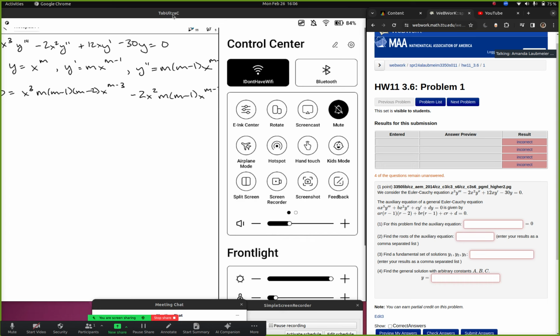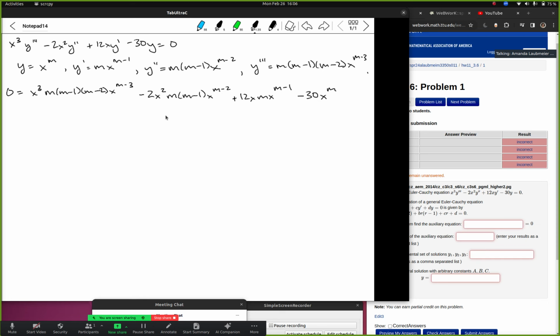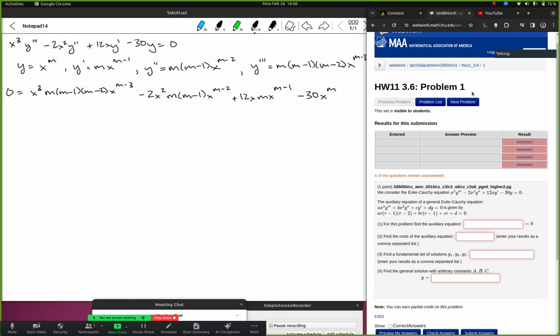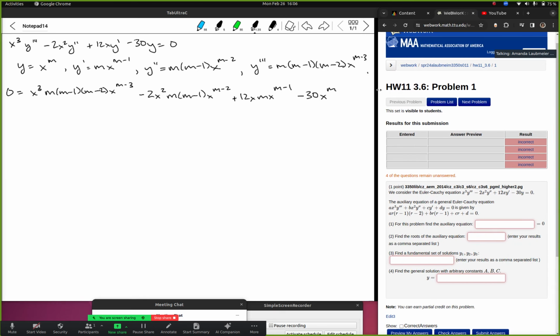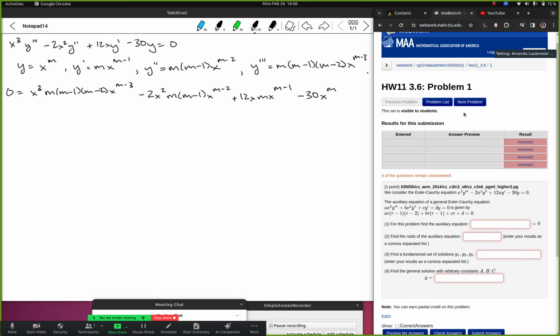Oh, and I see on the left here I am cutting off things just a little bit. Pushed my problem to the right. There we go, that should be fine now.